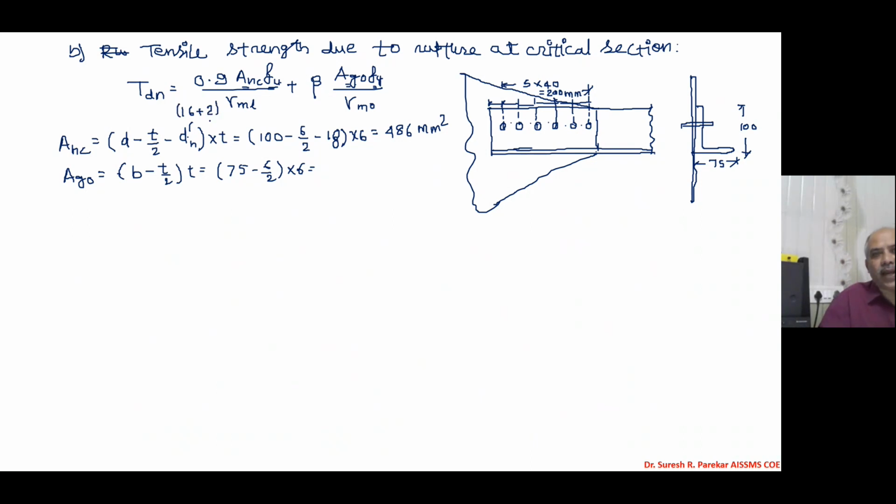Till 14 it is 1, after 14 it will be 2. So we have 18 plus 3, 21. So 100 minus 21 into 6. So this will be 474 millimeters square. And AGO we will get as 72 into 6, which will be 432 millimeters square.